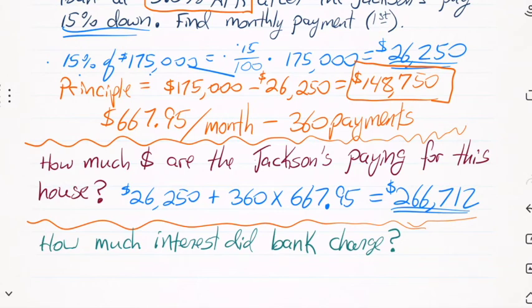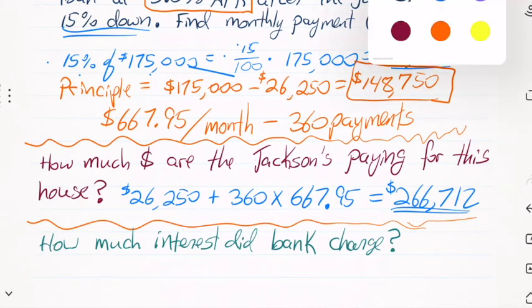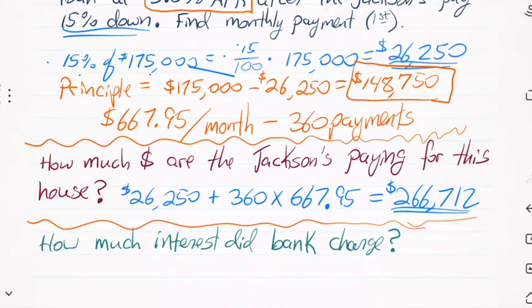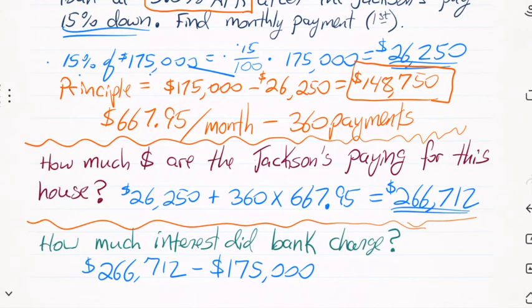When we're talking about interest, it is the total amount that you paid back minus the cost of the house. So here is the amount of money that the Jacksons paid, and this is the amount of money the house should have cost if they could have just paid cash right at the beginning. And if we subtract them, anything that's above and beyond the cost of the item, in this case the house, is interest.